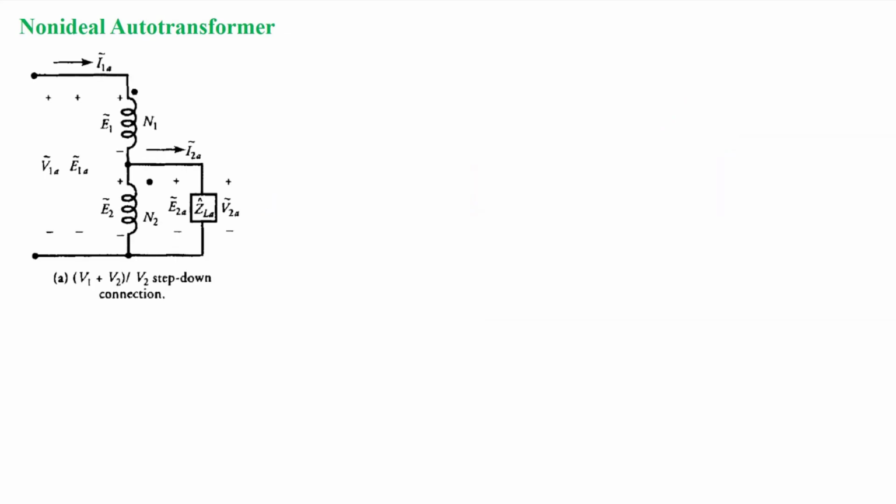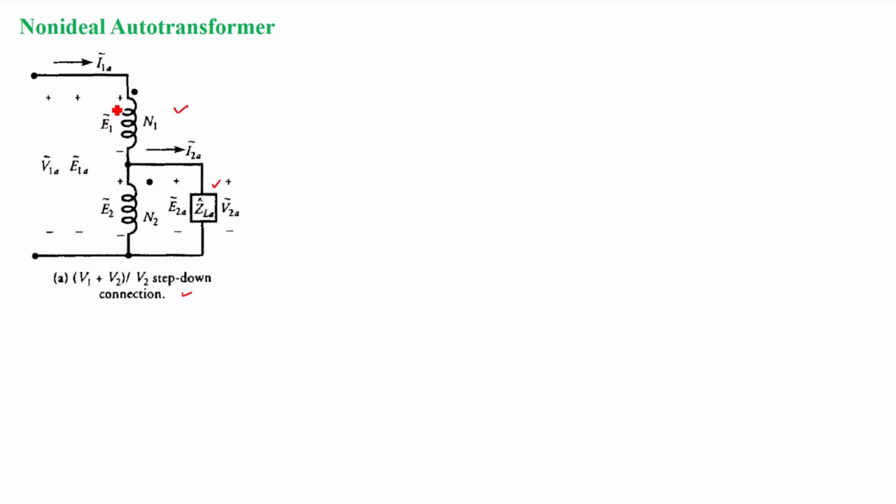So this is under ideal condition, when the two winding transformer is connected in the V1 plus V2 by V2 step down connection, right? Under ideal condition, that two winding transformer when connected as an autotransformer will look like this. ZLA is your load impedance.